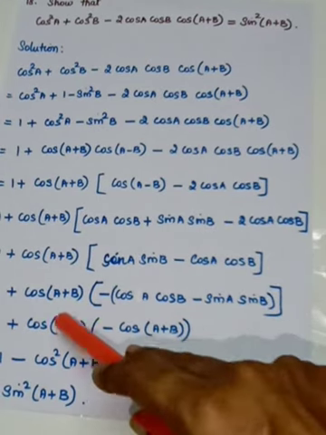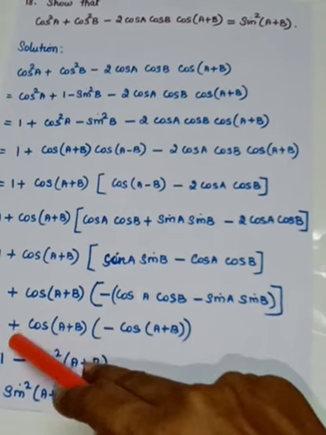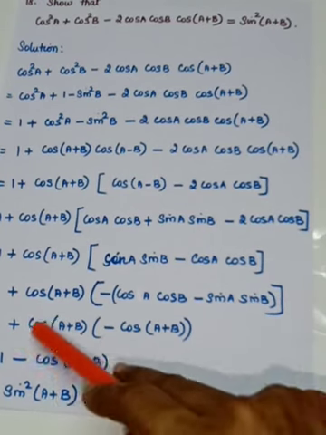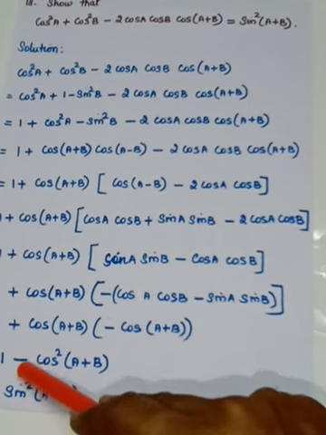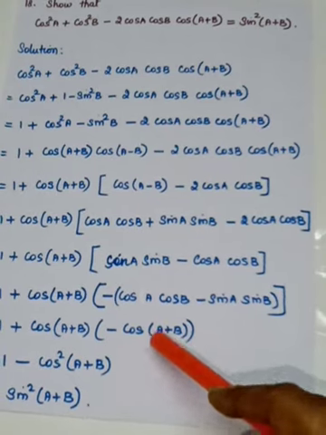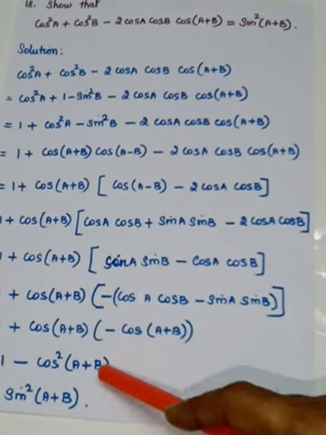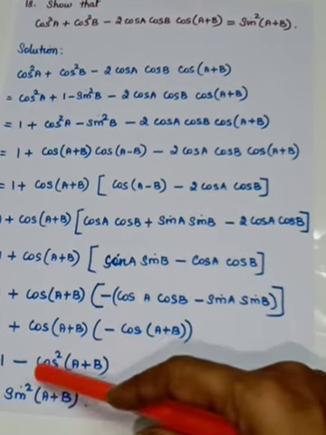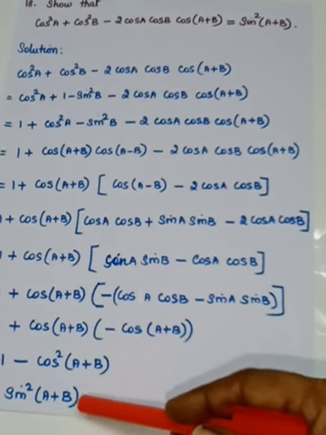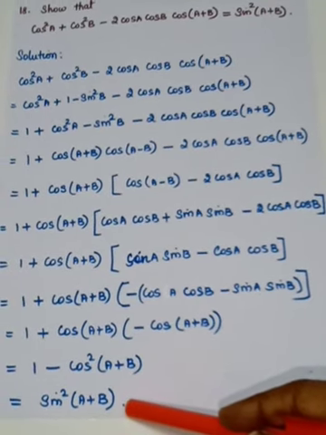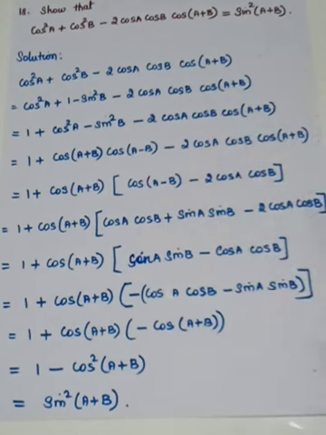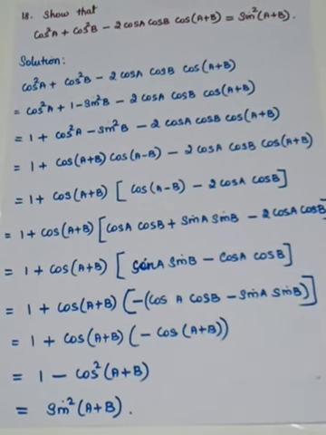So, if you multiply these two terms, here you are having plus, here you are having minus. So, plus into minus is minus. Cos(a plus b) into cos(a plus b) is cos squared (a plus b). Now, 1 minus cos squared (a plus b) can be written as sin squared (a plus b). Okay, so we have proved the result. Okay, thank you students.